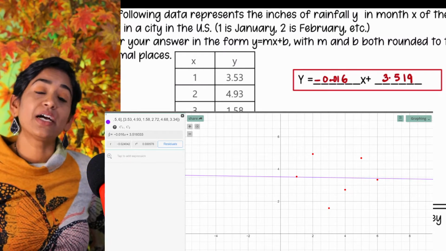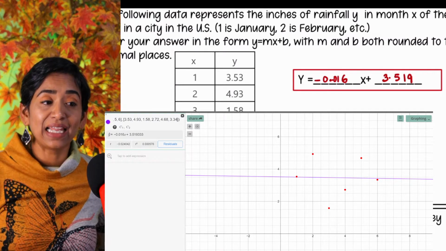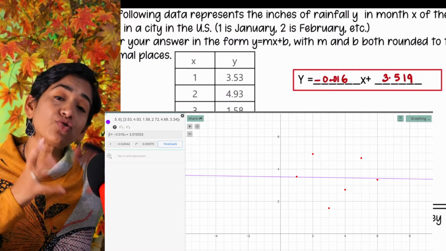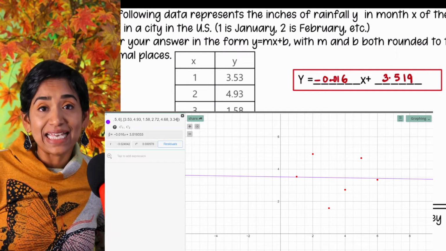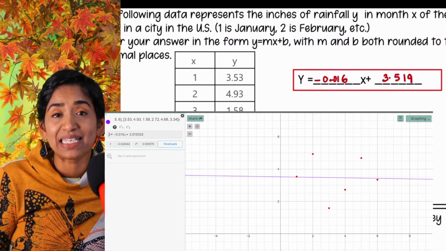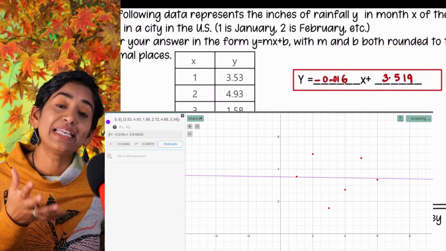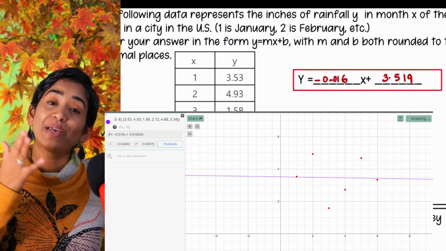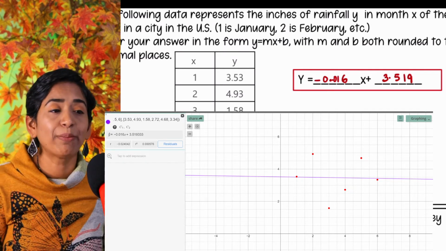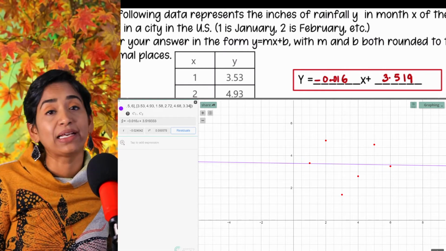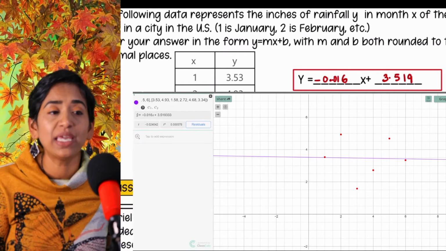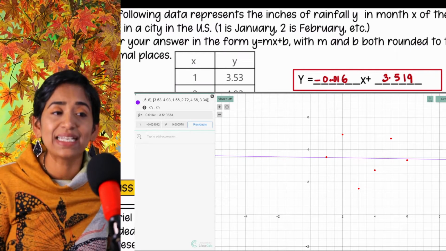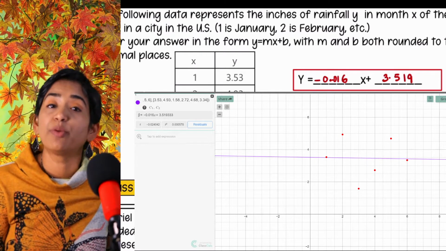So this is the entire scatter plot, and class calc gives you the line y = mx + b, which gives you the best relationship between these points. Based on the best line of fit, you can use this equation to predict your y values within the respective domain of x. We're going to be talking about that later, but this is how you calculate your y = mx + b, and here you have your slope of negative 0.016 and your y-intercept is 3.519.